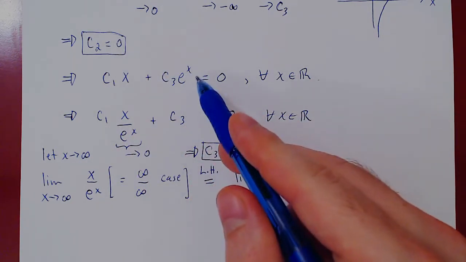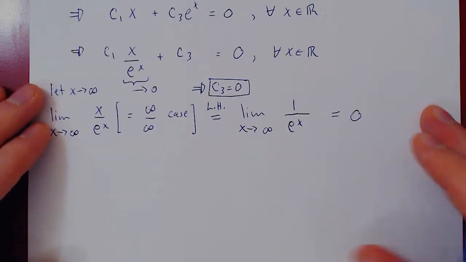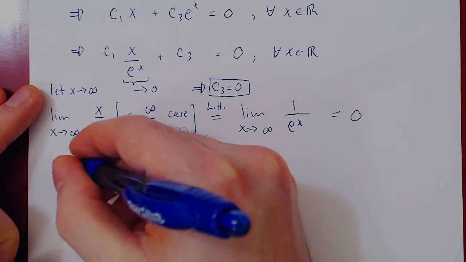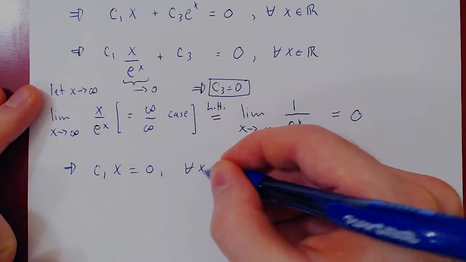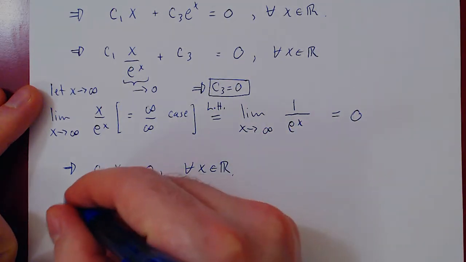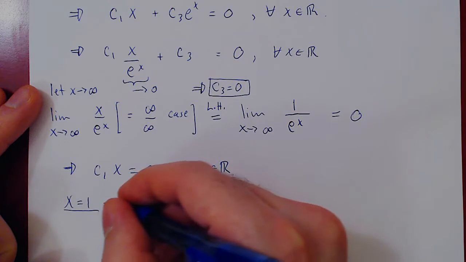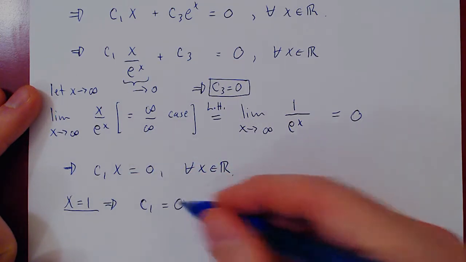If c3 is 0, we are left with c1 times x is equal to 0 for all values of x. And quite simply, take x to be equal to 1. Therefore, c1 times 1 is c1, which is equal to 0.